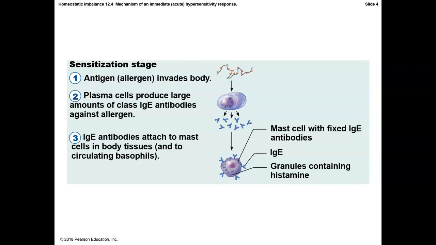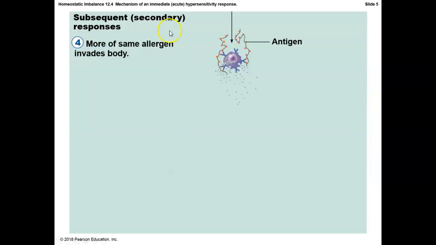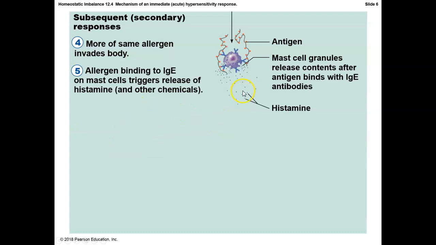So these IgEs attach to these mast cells and basophil cells, and then the allergen comes in contact with the antibodies that are attached to them, which activates the release of the histamines and heparins. So now we're releasing tons of histamines, which cause the entire inflammatory response, and heparins increase leakiness of your blood vessels.